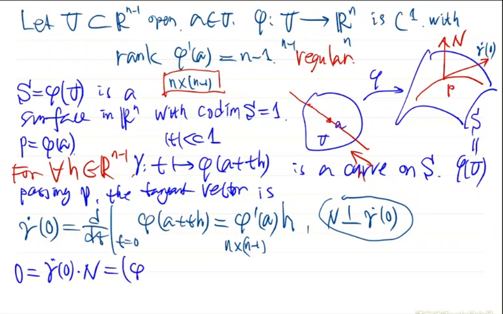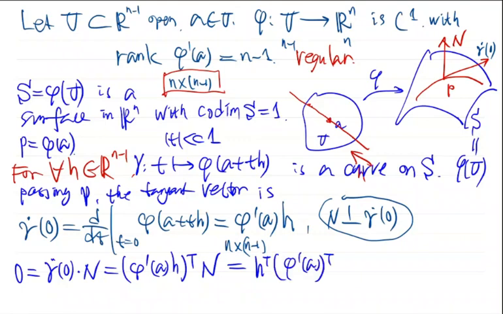So this is (phi point h) transpose and then multiply by N. By the computation of matrix operation, we see that this is h transpose and phi point a transpose and then N. This can also be written as the inner product of h and phi point a transpose multiplied by N. So we have this computation.